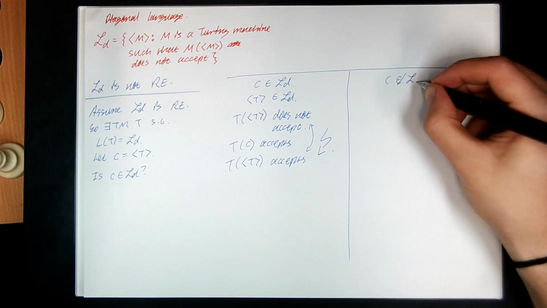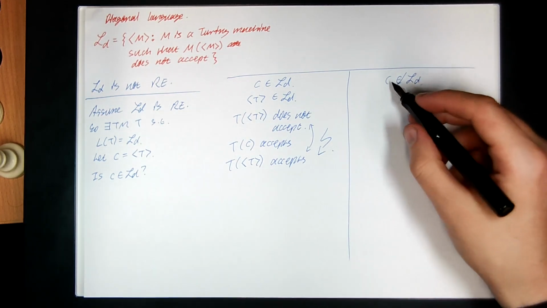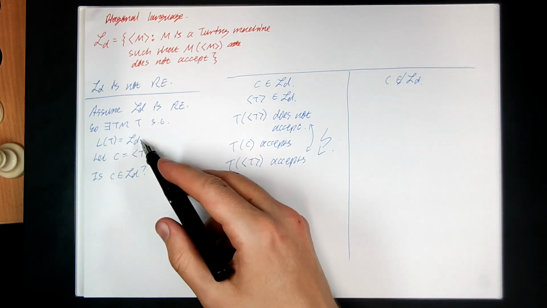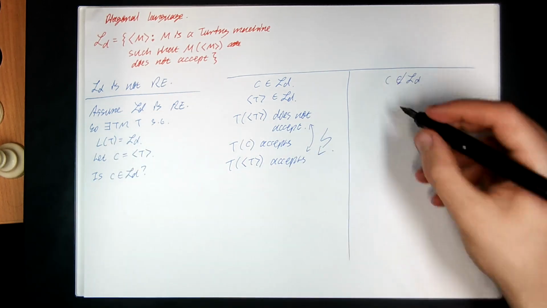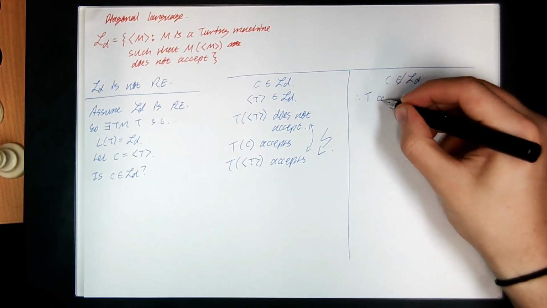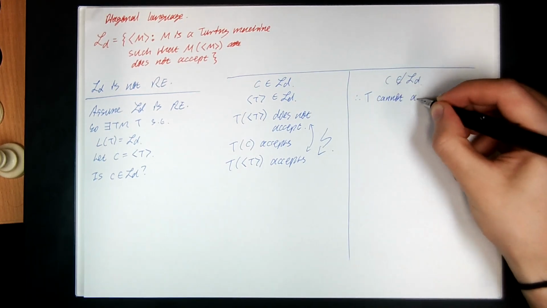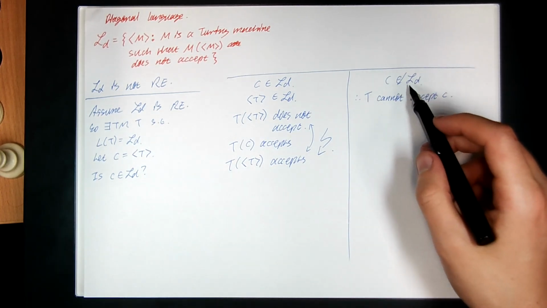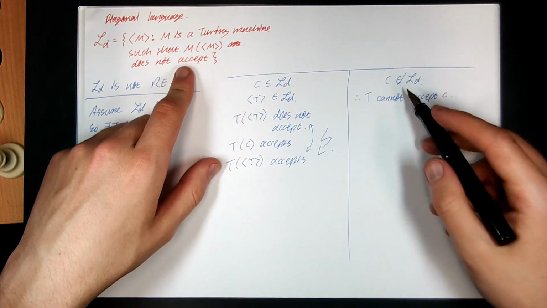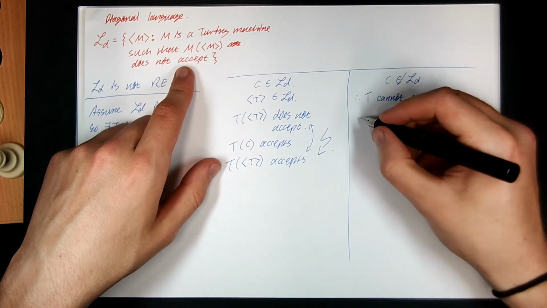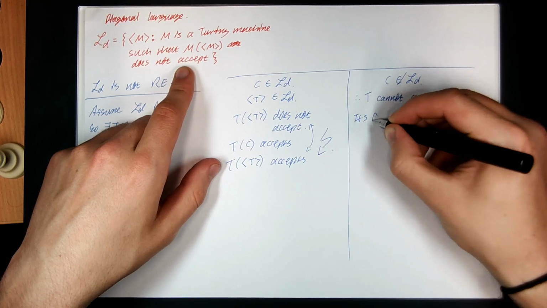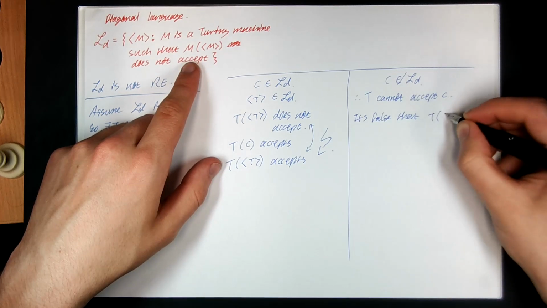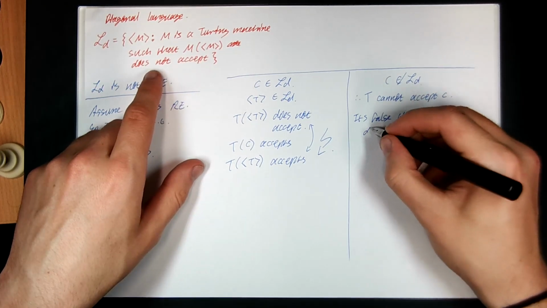So let's assume C is not in L_D. If C is not in L_D, because the language of T is L_D, that means T cannot accept C. Therefore, T cannot accept C. If C is not in L_D, that means this condition here is falsified. So it's also false to say that T, fed the encoding of T as input, does not accept.